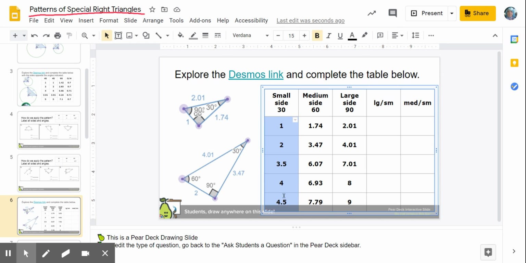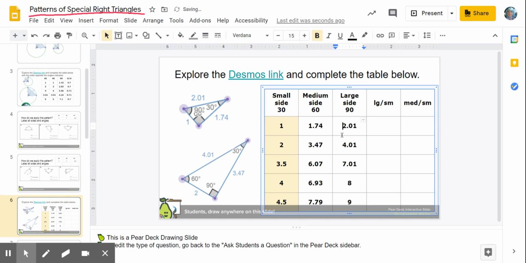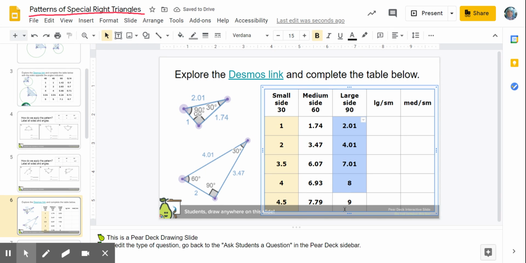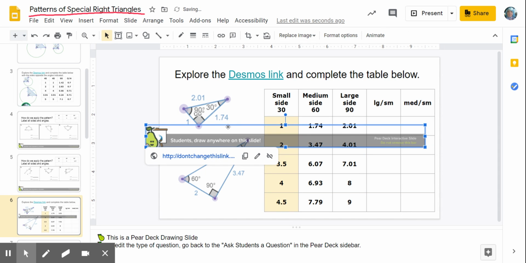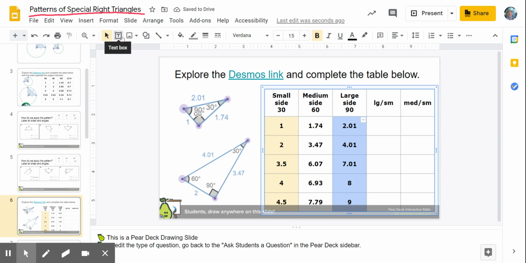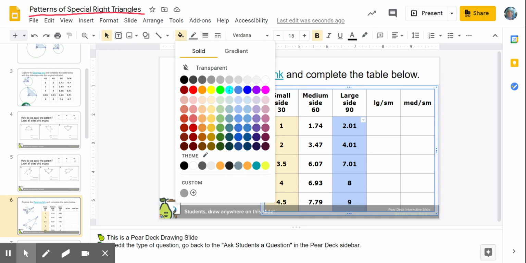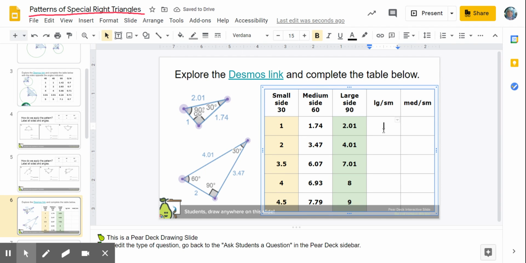So we kind of already established that the small side is half as big as the large side, right? So what's the large side divided by the small side? 2 divided by 1 is 2.